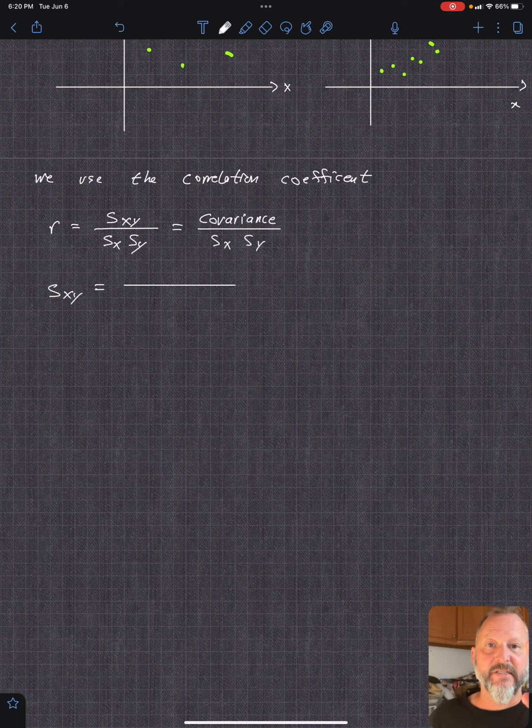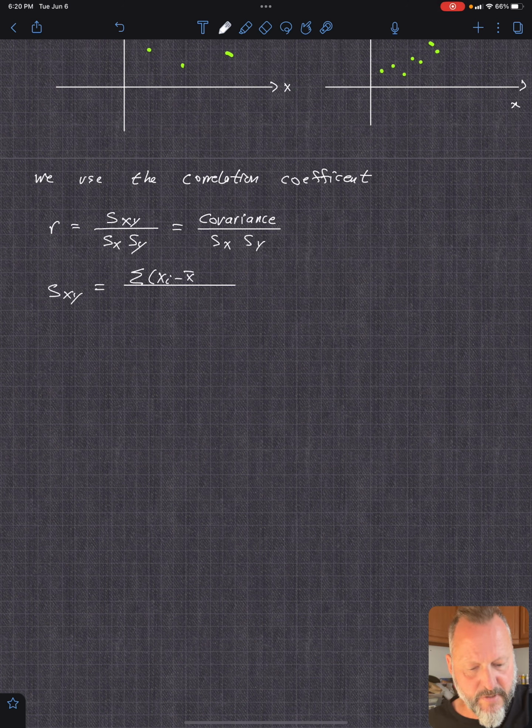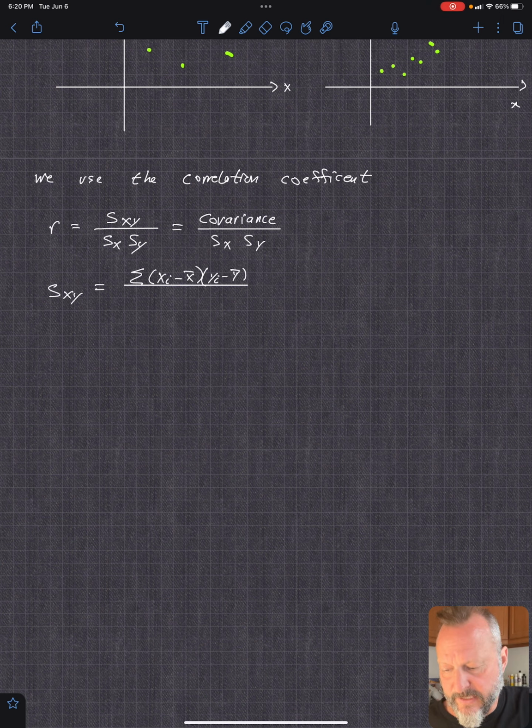You basically take the sum of all the differences and then you multiply them. So it's the sum of x sub i minus x bar times y sub i minus y bar, the sample means, divided by n minus 1, right?